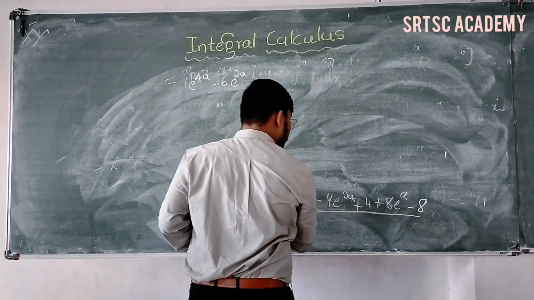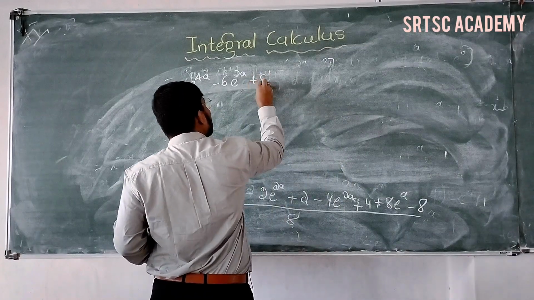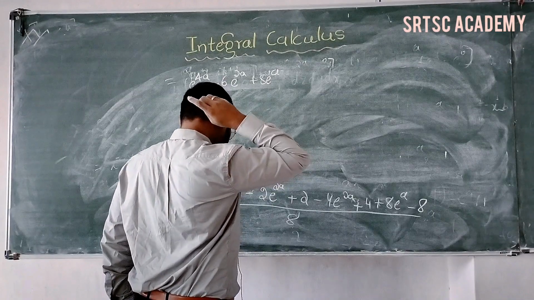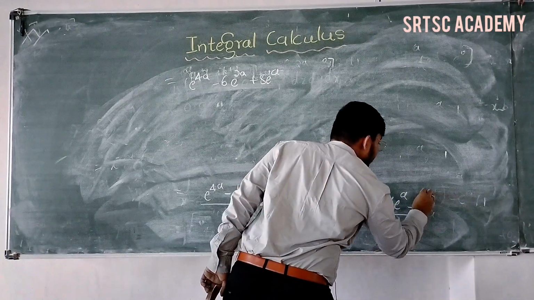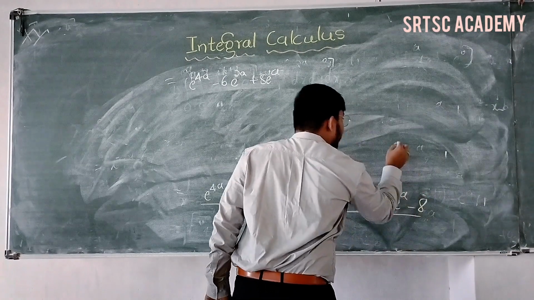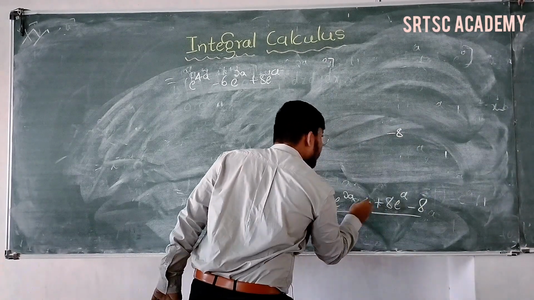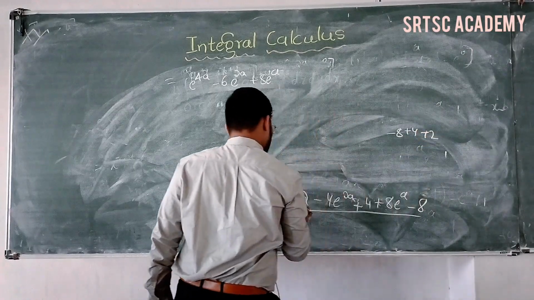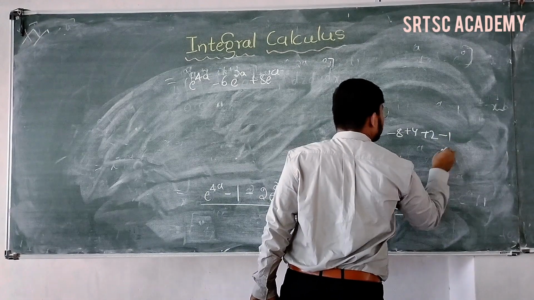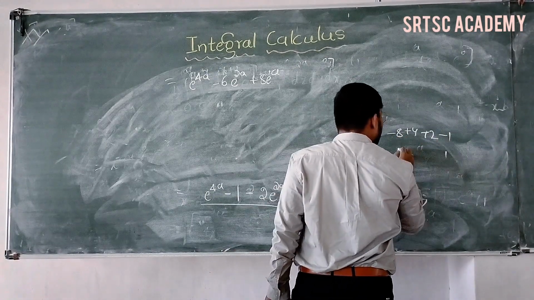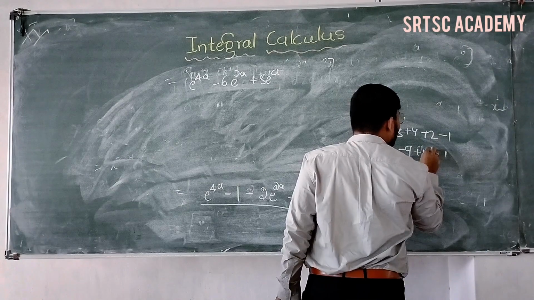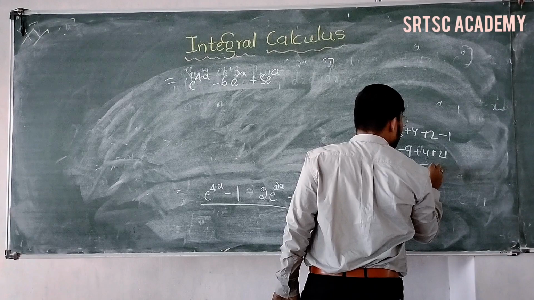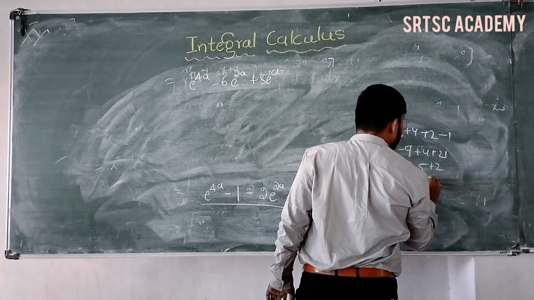After that, plus 8e^a. Then minus 8. I will write it here: minus 8 here, plus 4 here, plus 2 here, minus 1. Minus 8 minus 1 is minus 9, plus 4 plus 2. Minus 9 plus 4 is minus 5, plus 2 is minus 3.